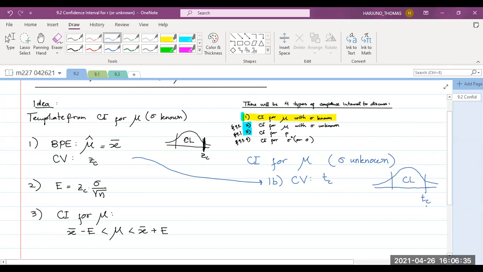Now for that T critical, if we use calculator, it will be inverse T and then the confidence level. No, I don't want to use confidence level. That's basically area to the left. That's the confidence level plus the yellow part, one tail, right? So you will see that's the yellow plus the blue.